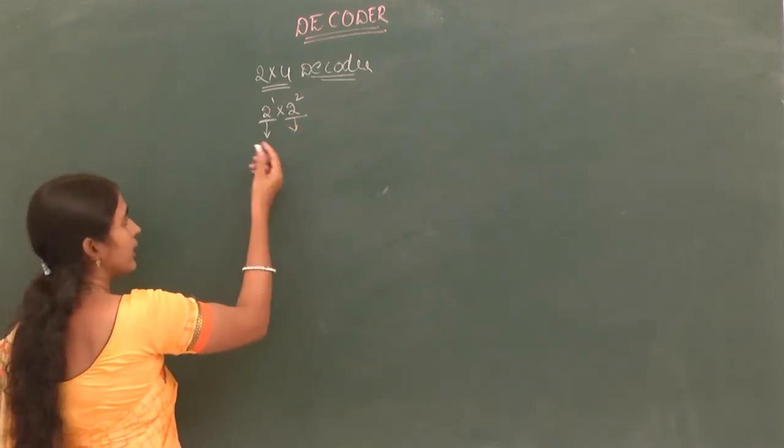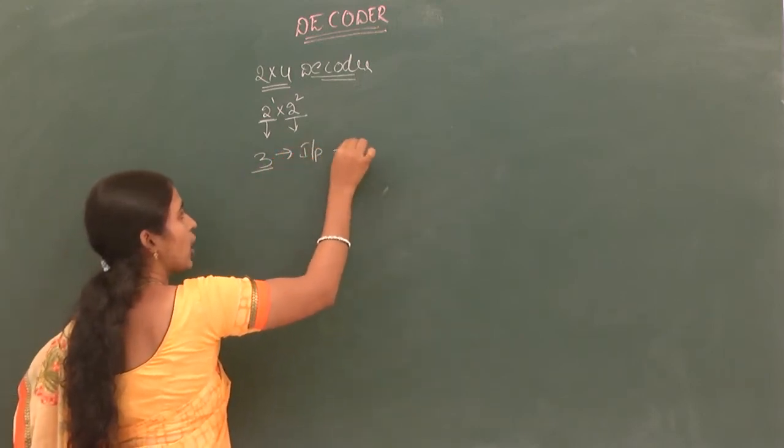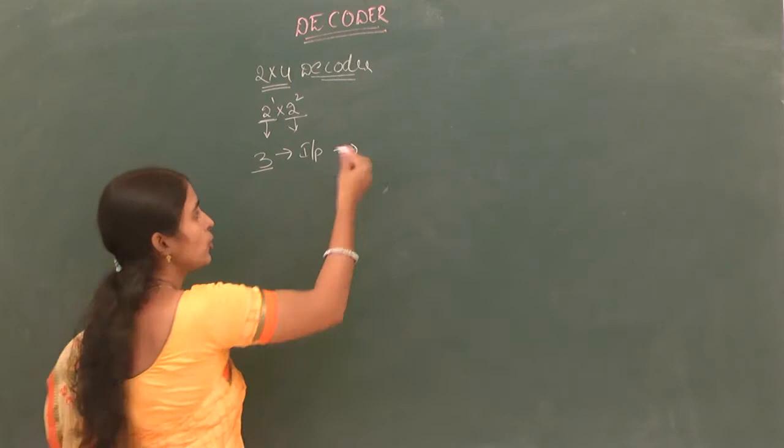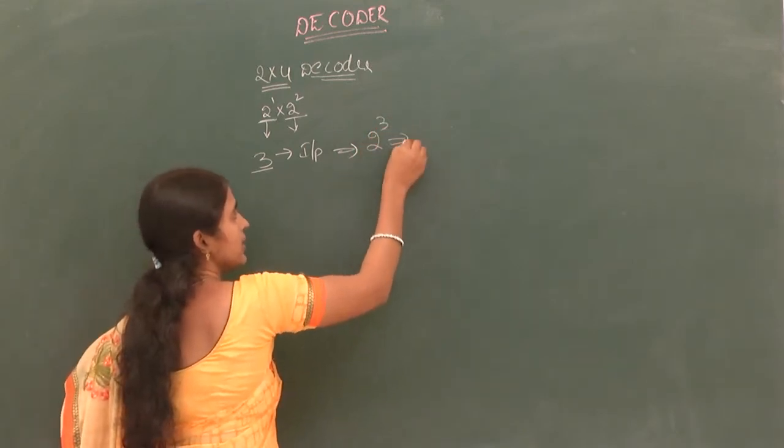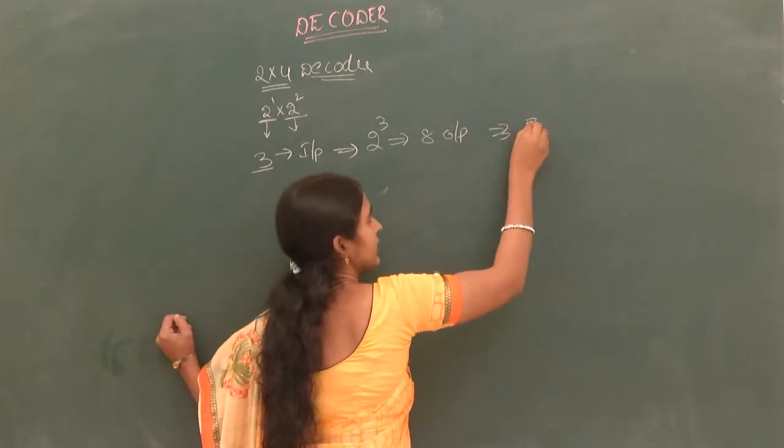If you have 3 inputs, how many outputs will you get? 2^3, which means 8 outputs. So we call it a 3 by 8 decoder.